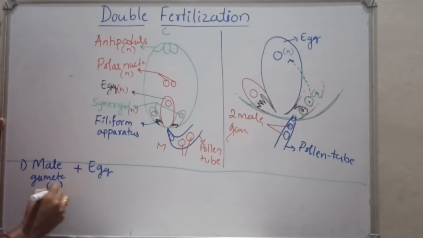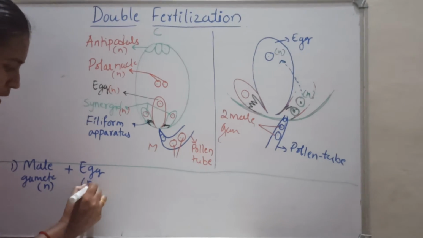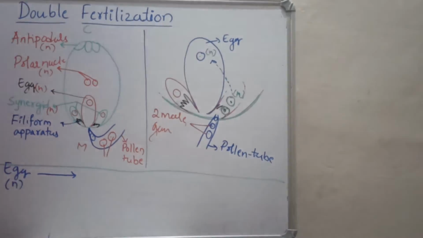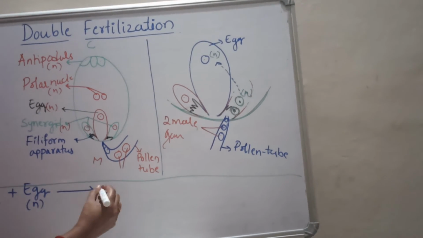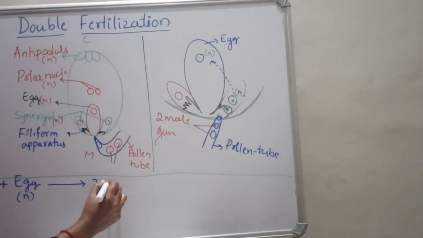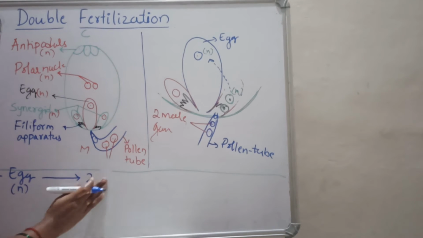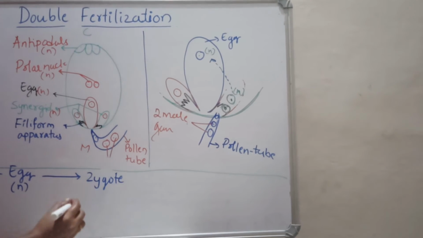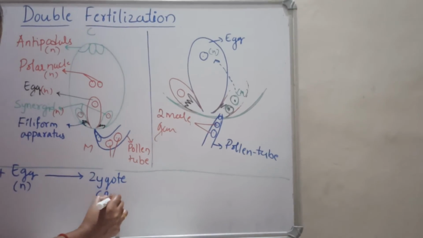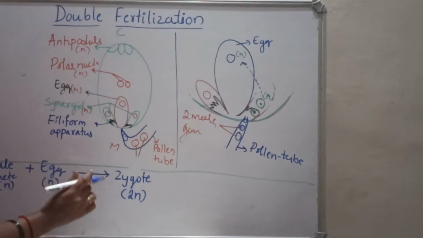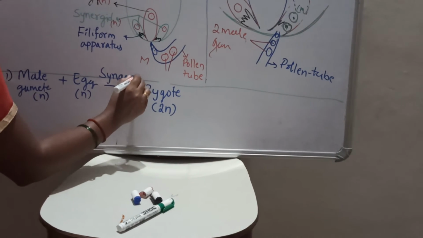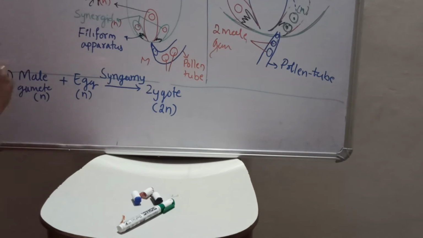The male and female gametes get fused and form the zygote, and the zygote is diploid. This process is called syngamy.